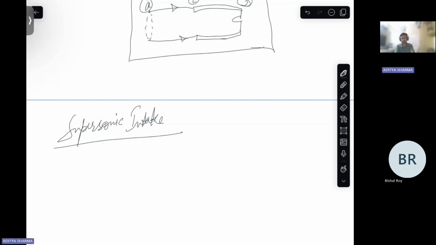These modes are based on where you have the normal shock in the intake.